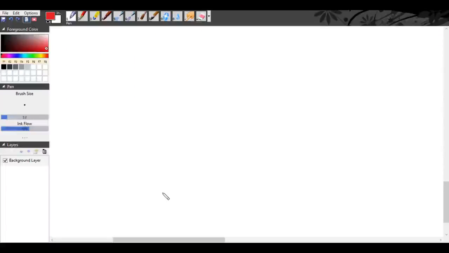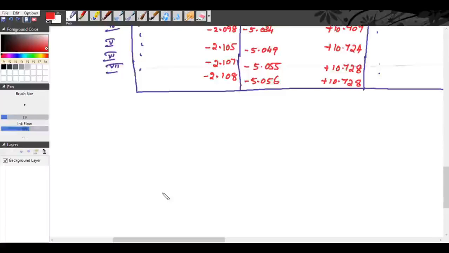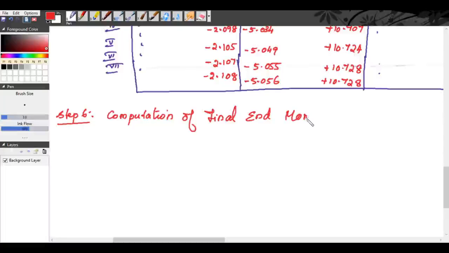So 6th step. Step 6, computation of final end moments.